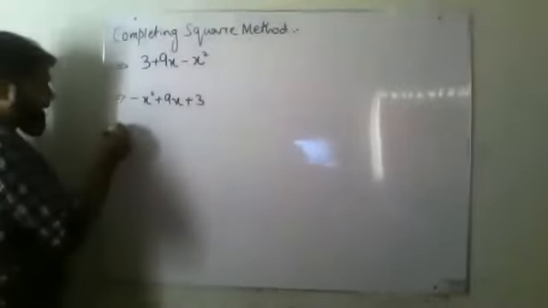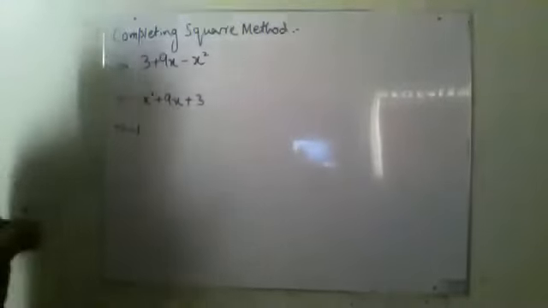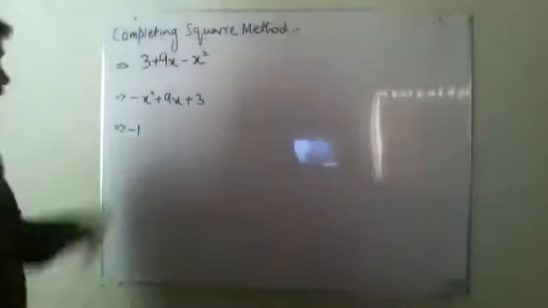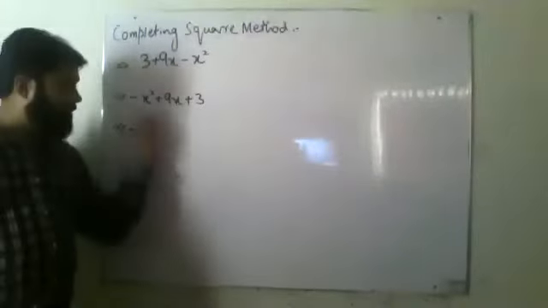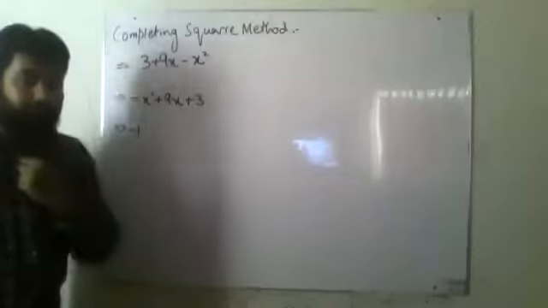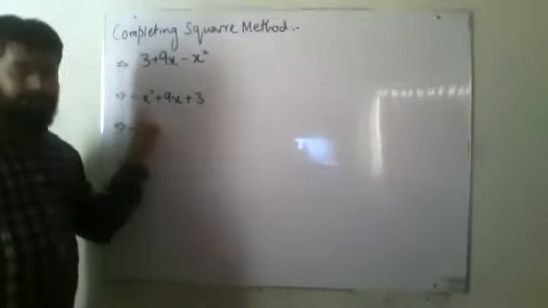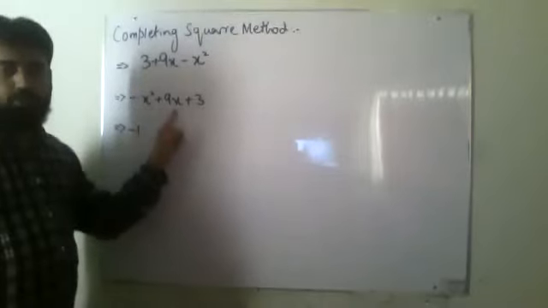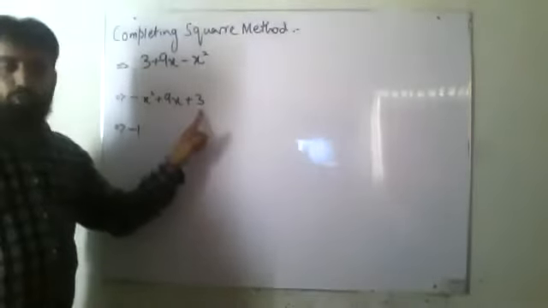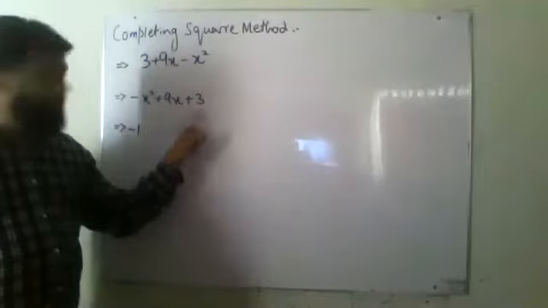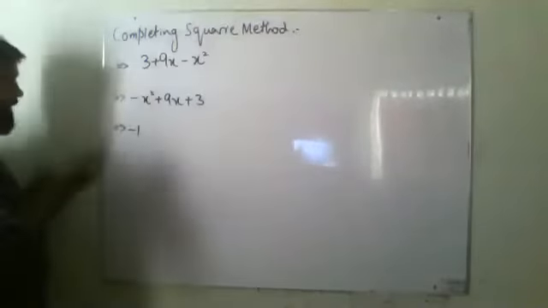I will take minus 1 common. Now it's your choice: you can take minus 1 common from all three terms. But if I say to take it only from these two terms, then don't go with the constant. Leave it. So I'm going to take minus 1 common.